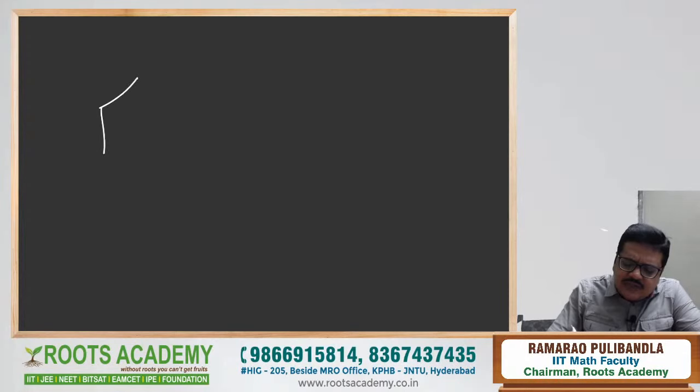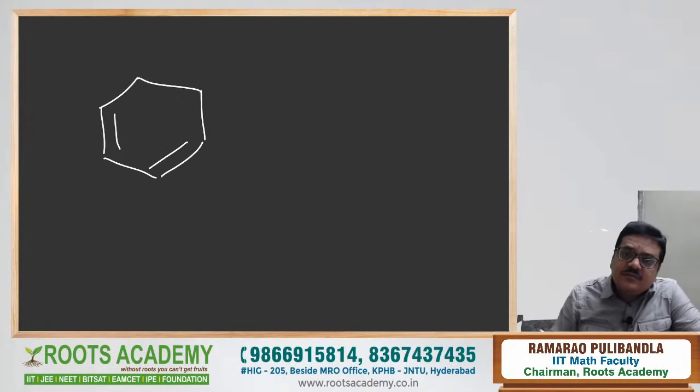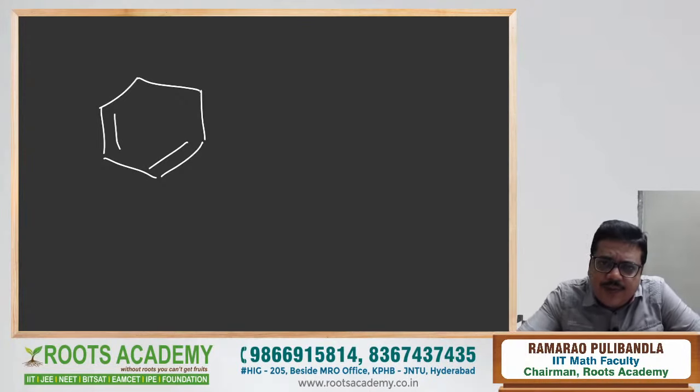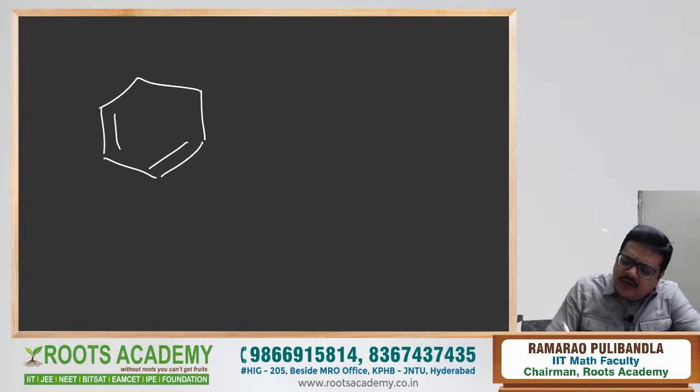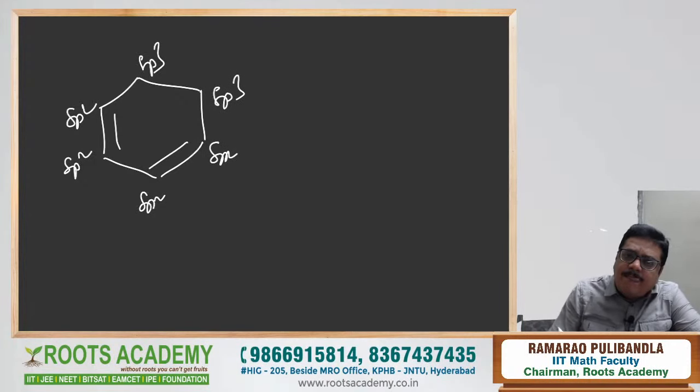If a compound is having a picture like this, which kind of compound is it, aromatic or anti-aromatic? Here, this is sp2 hybridization, it is also sp2, sp2, and these are sp3, sp3.